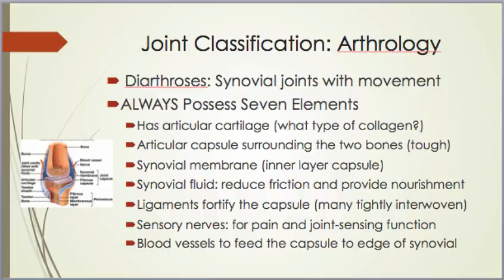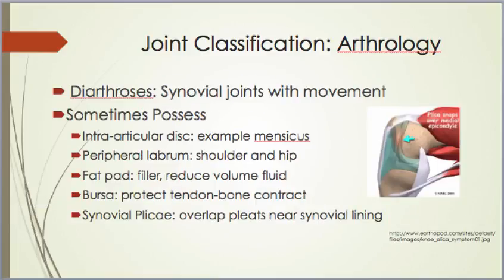Now, some joints possess additional elements, and these include interarticular discs, for example, the meniscus in the knee, and a disc in our temporomandibular joint. We also have peripheral labrums in our shoulder and our hip that serve to deepen the socket and provide additional stability.